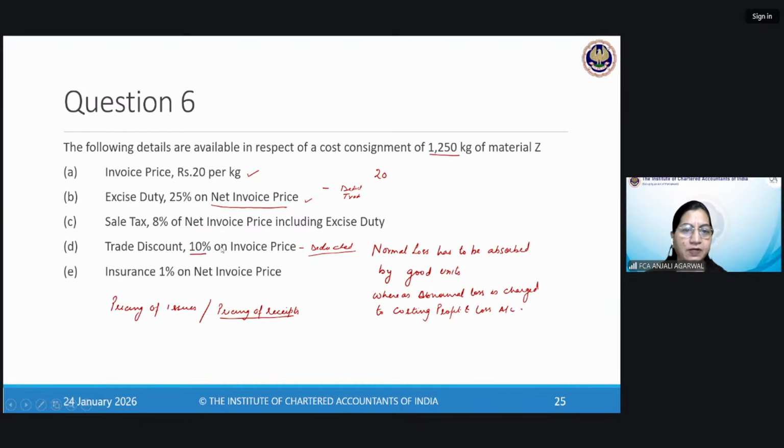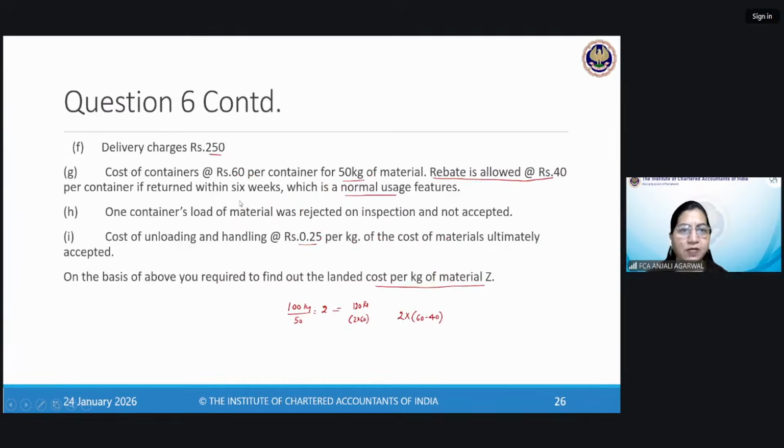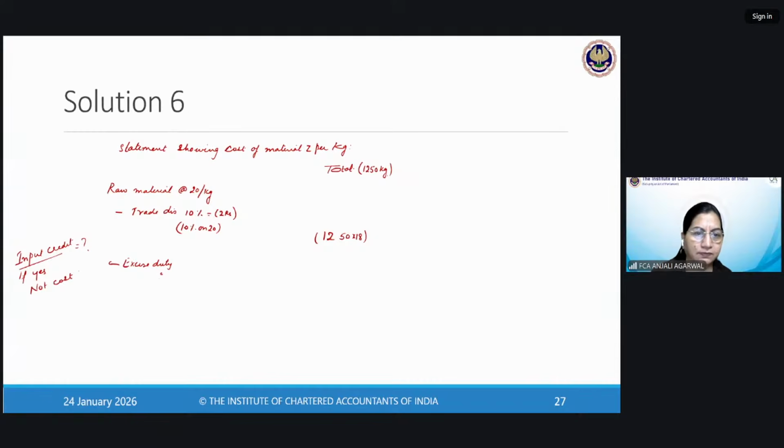So if no input credit is available, we'll assume 25% on 18. It turns out to be 4 rupees. Sorry, it will be 25% of 18, 4.5 rupees. So this will be added to the cost of material.